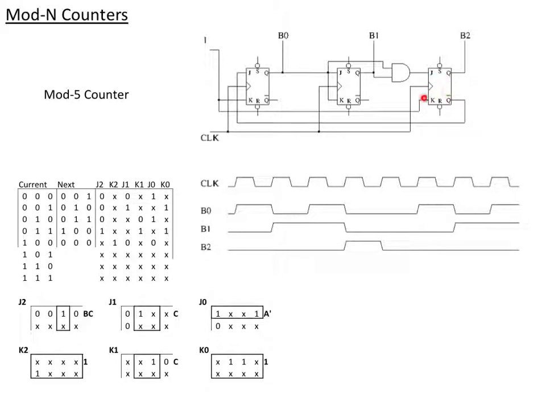Here's K2, a 1 there. Likewise, J2, that's here, I want to be the AND of the previous 2. So Q1 comes there, Q0 comes there, and it turns on this when Q2 is 0 and both Q0 and Q1 are on. That will turn on the next one.